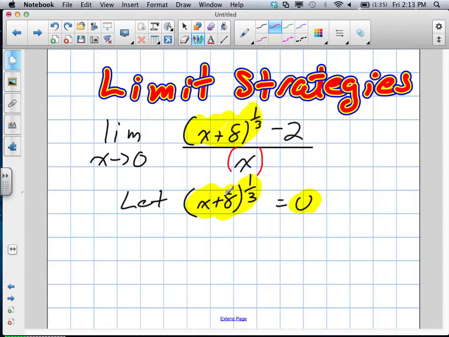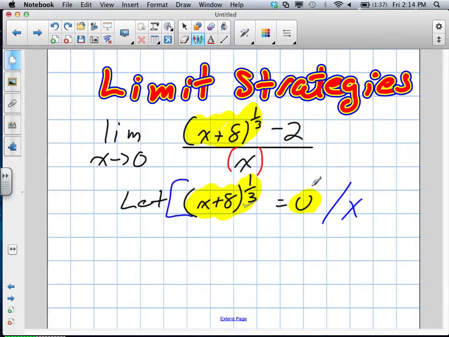Now that I've set up this let statement, we can solve for x. In fact, if I take u, and I need to get rid of this fraction of a third, I'm going to put this entire expression to the power of 3.